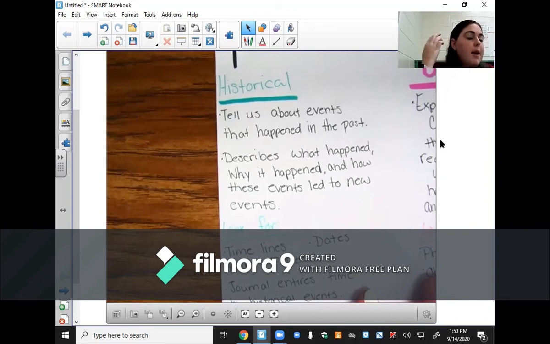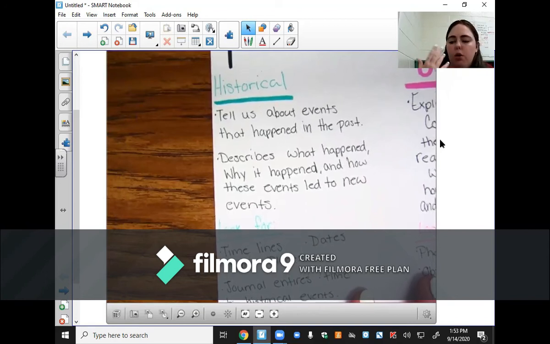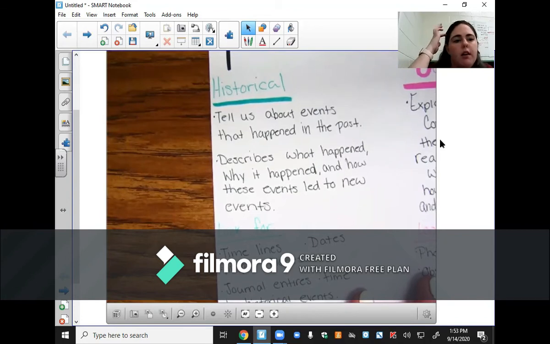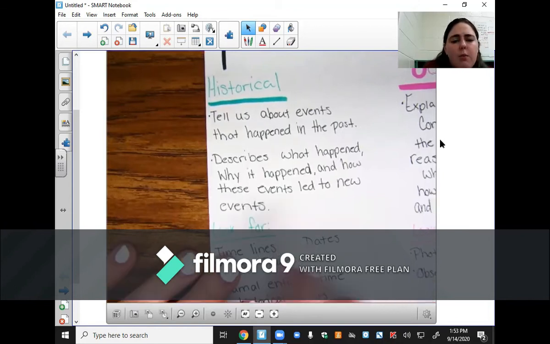So this could be a passage that talks about maybe the history behind the 4th of July, or if they're talking about any battles or wars like the Civil War or World War II, or really anything we learn about that has to do with history or things that have already happened, that's probably going to be a historical text. So this historical text is going to describe what happened, why it happened, and how these events led to new events.